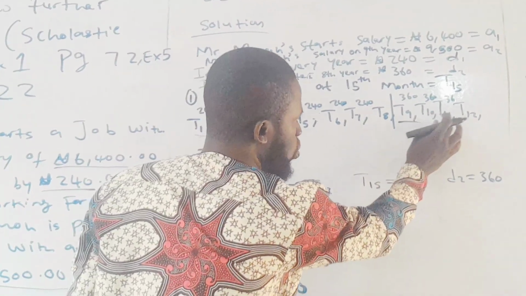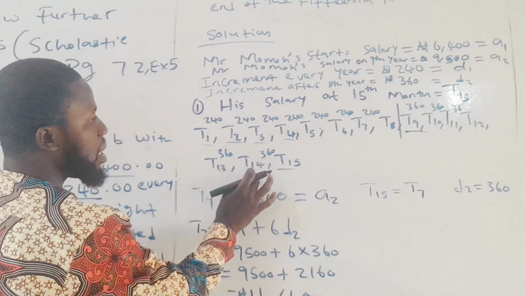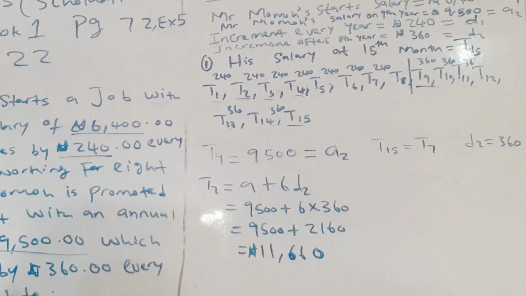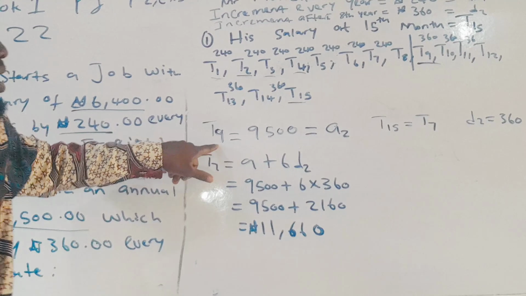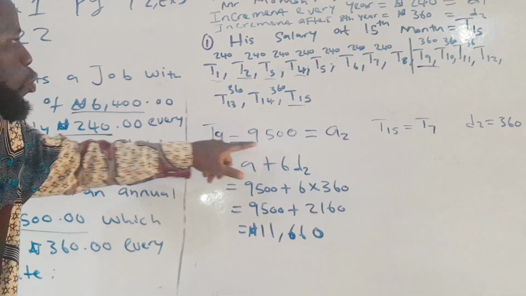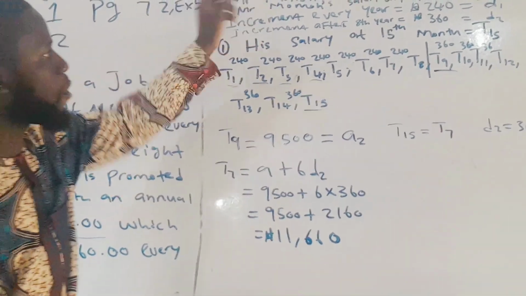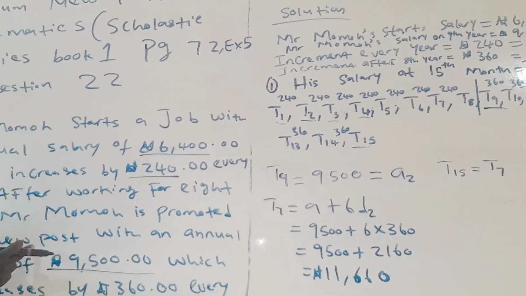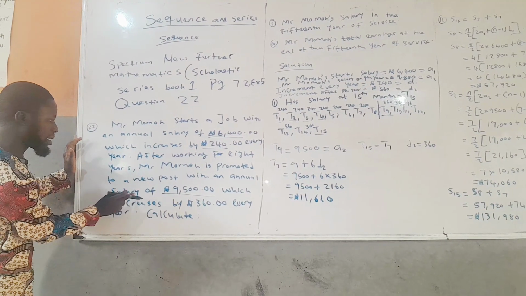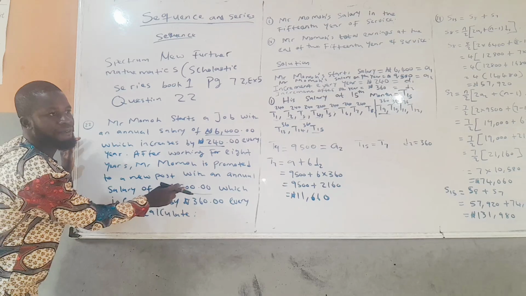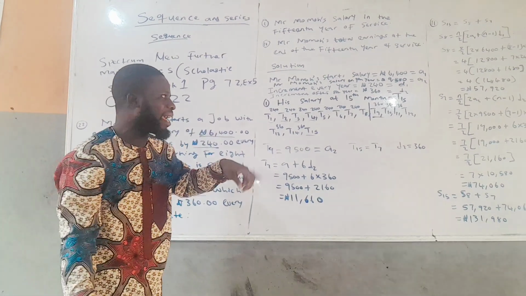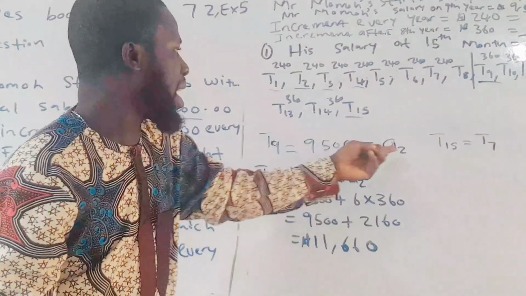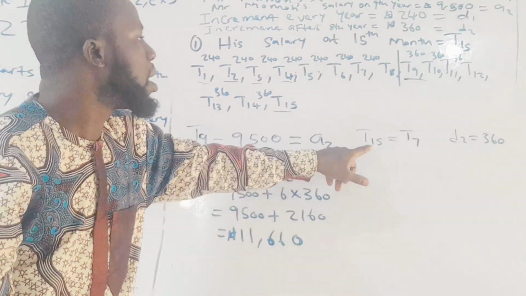We have 1, 2, 3, 4, 5, 6, 7. We were told that at the end of the 8th year, his salary is now 9,500. That means 9,500 is now the 9th year. Do you understand? So the 9th year is going to be our A2.